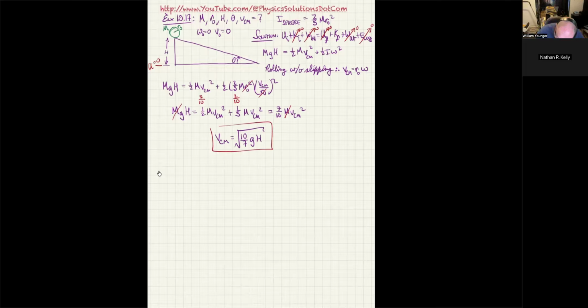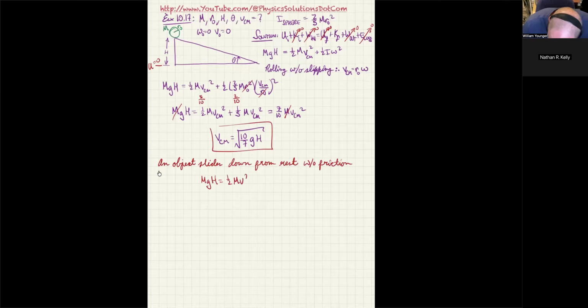Now, if we were to consider an object sliding down from rest without friction down the same incline, then conservation of energy would give us mgh is equal to 1/2 m v squared.